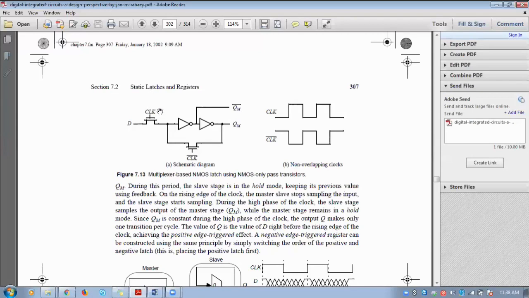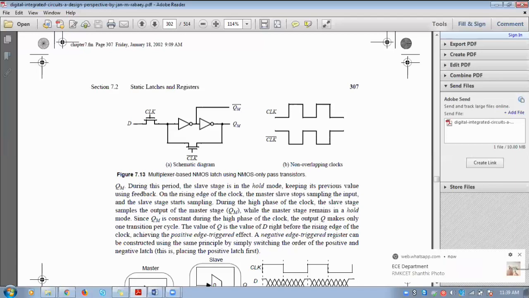When I am applying clock equal to 1, this pass transistor will be on. Here clock bar will become 0, right? Thus this transistor will be in off condition. Normally when this transistor is on, at that time D will be directly going to the output. So you can conclude that this is a positive latch, because for clock equal to 1, we are getting D at the output.